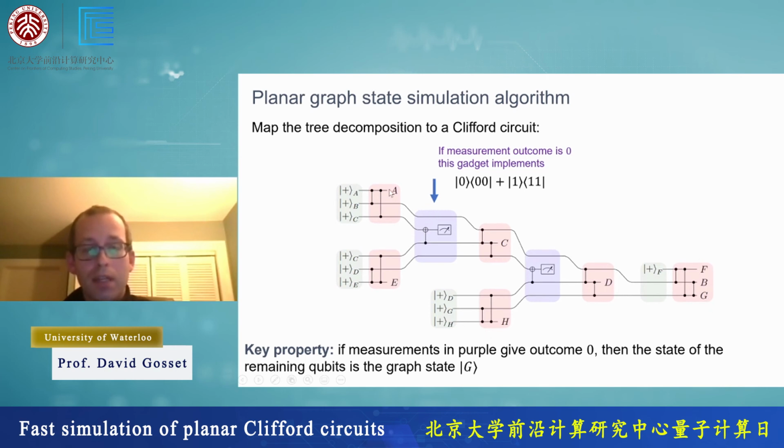The qubits here, like A, E, and these pink ones, are all left over once you've made these purple measurements, and there's one qubit for every vertex in the graph. So if you get the right measurement outcomes for each of those gadgets, then the state will be the graph state. You can think of this circuit as a way to prepare the graph state if you get the right outcomes for all these purple measurements.